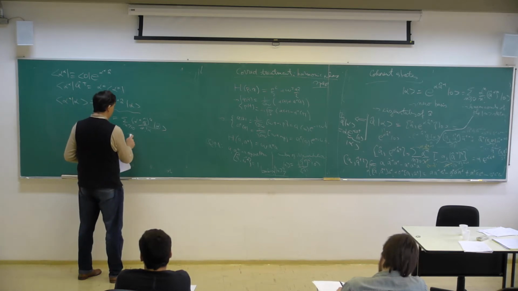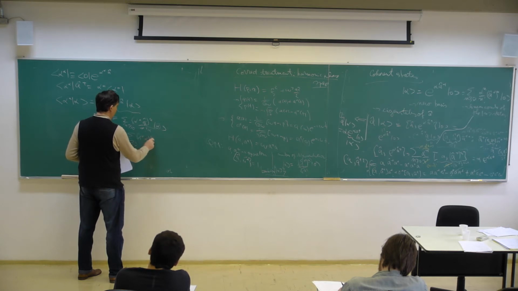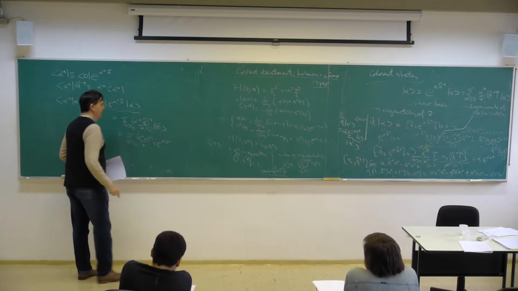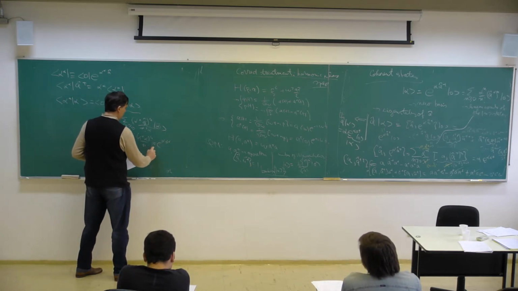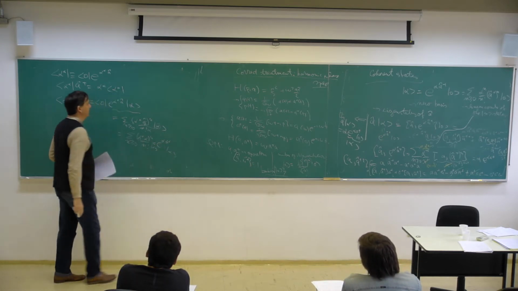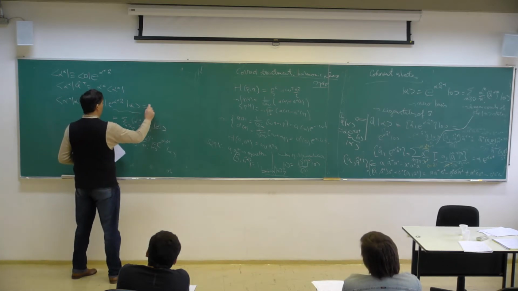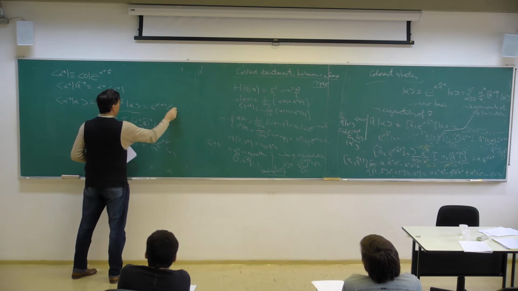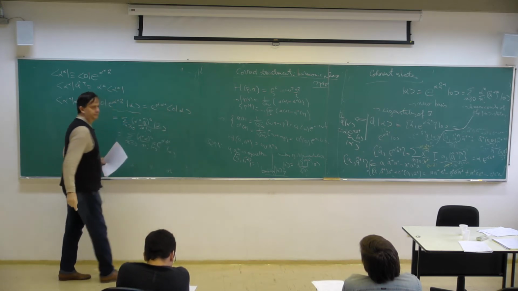So this is equal to the sum over n of alpha star alpha to the n over n factorial. So this is e to the alpha star alpha, right? So this is equal to e to the alpha star alpha times the overlap of 0 with alpha.